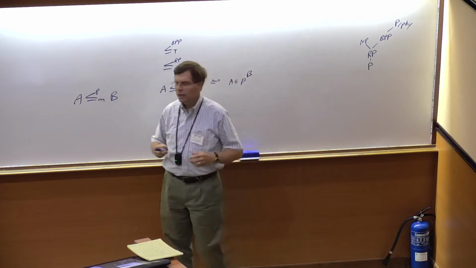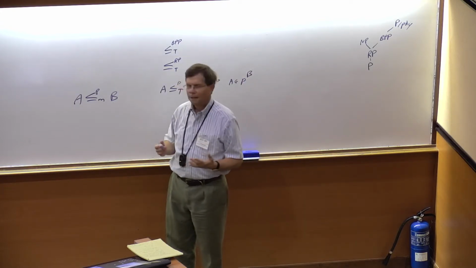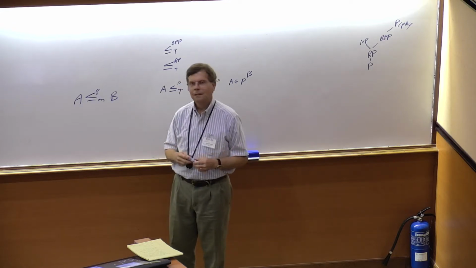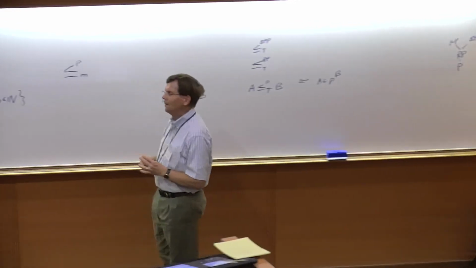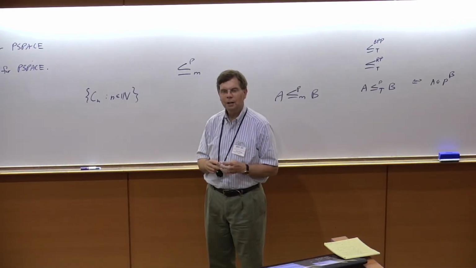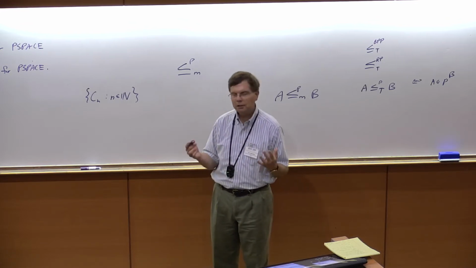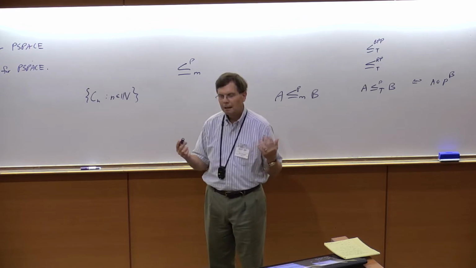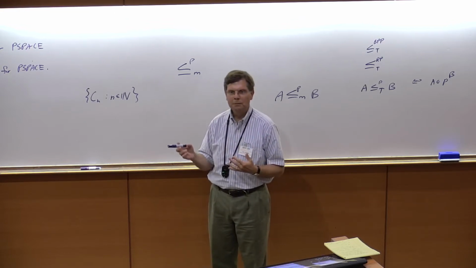And you might ask, well, what use is that? Well, it would be pretty useful to know that satisfiability has linear-sized circuits, even if we didn't know how to build them.